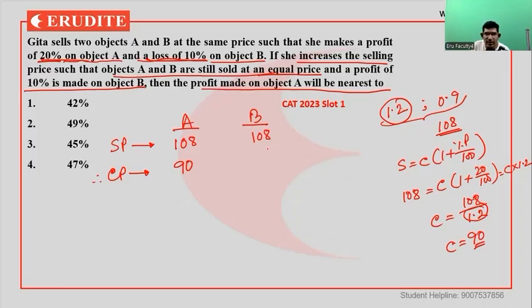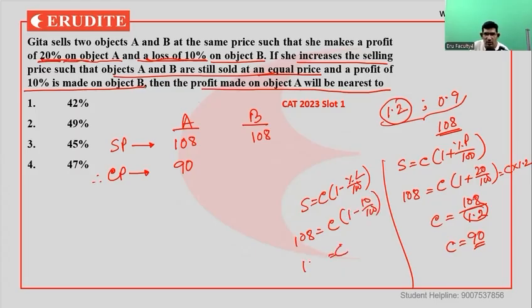Now, in the second case, I made a loss of 10%. So what will be the cost price in that case? Sales price equals cost price into 1 minus percentage loss by 100. So 108 equals cost price into 1 minus 10 by 100. Here you get a factor of 0.9, which I assumed earlier.